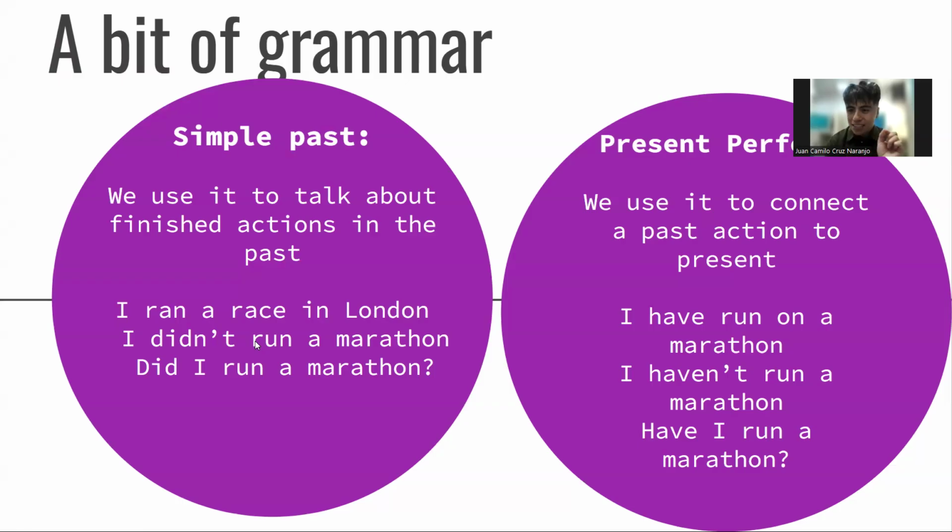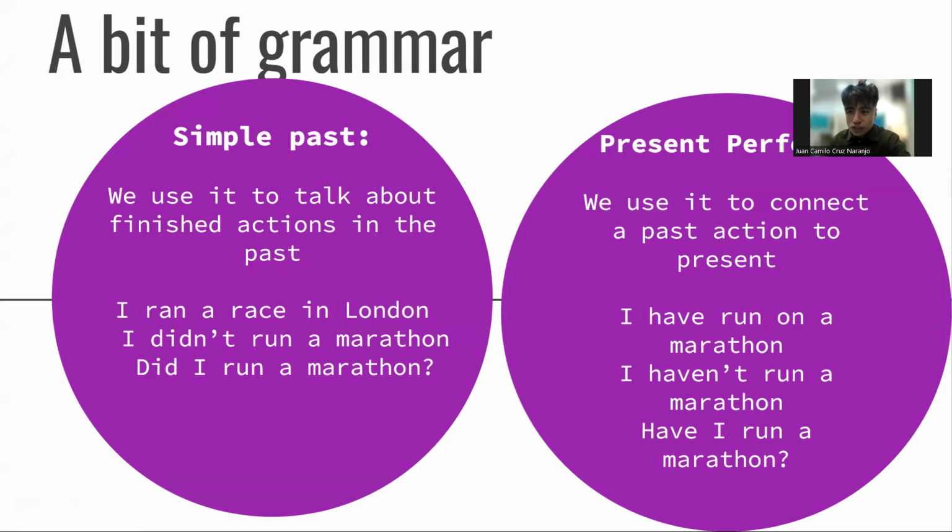So in the negative sentences, in simple past, the main verb of the sentence goes in present form, in base form. Why? Because the did is already the mark that we've got of the past tense. So if we want to create a negative sentence in simple past, we use the auxiliary did and the verb goes in present. For example, I didn't run a marathon.